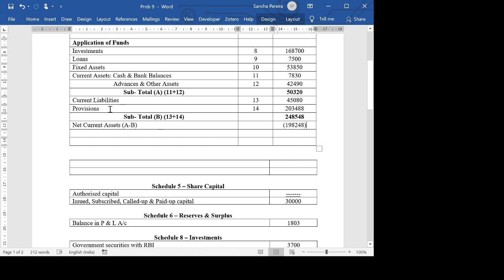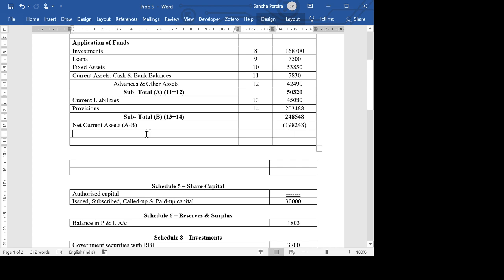But here, since the current liabilities are more than the current assets, we're getting a credit balance. If I don't put it in brackets, I will add it to investments, loans, fixed assets, which are all debit balances, which is wrong. That's why I put it in brackets, because I'm going to minus it from those figures.